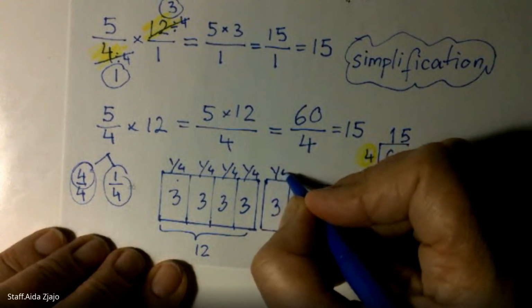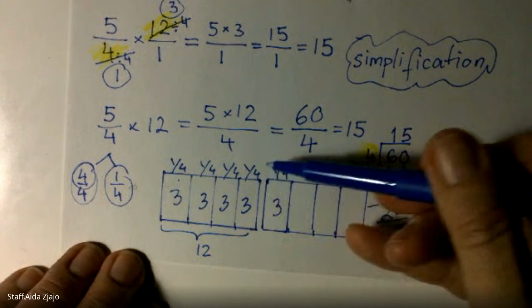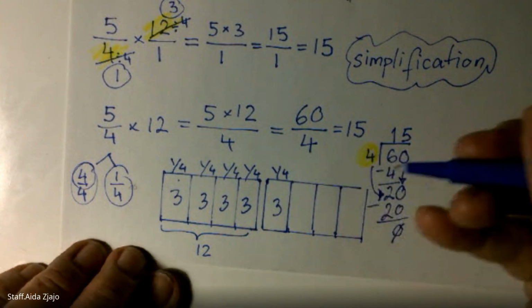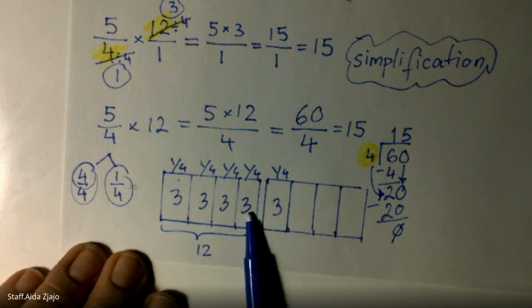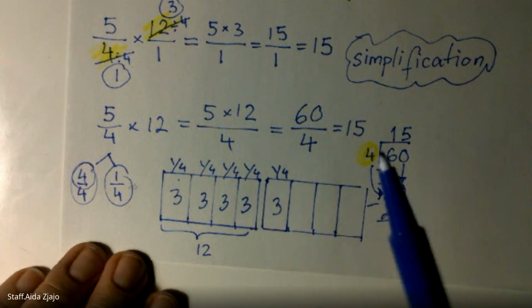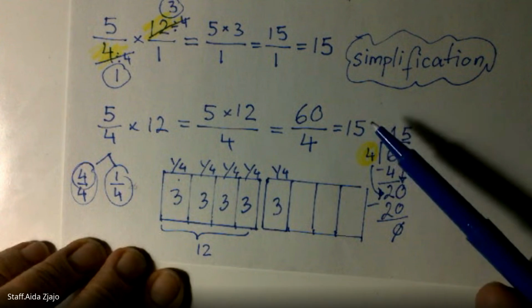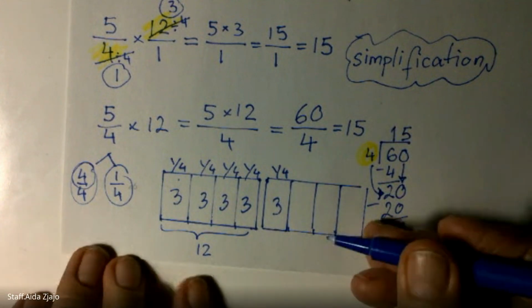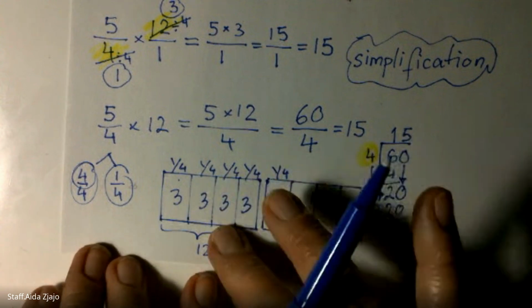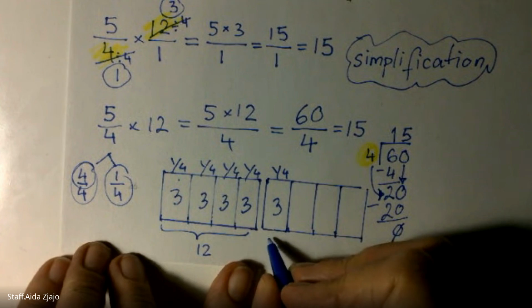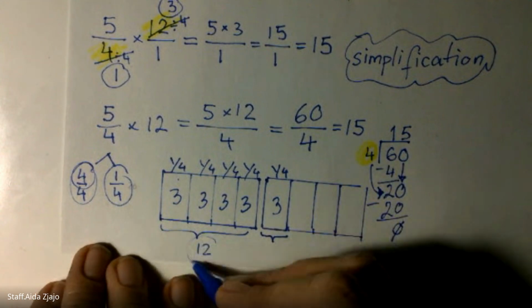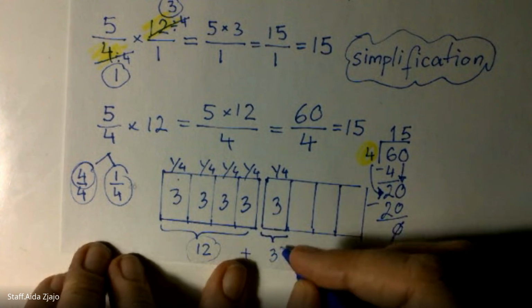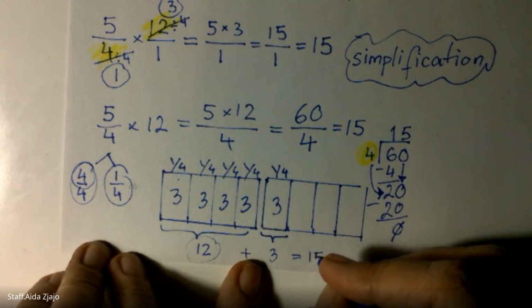So 1/4, 2/4, 3/4, 4/4, 5/4. 5/4 of 12 is 15, because you have the whole 12, and then you have here 1/4. So that is 12 pieces plus 3 more pieces. That makes 15 pieces.